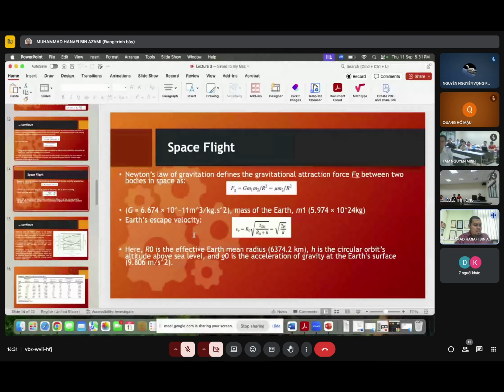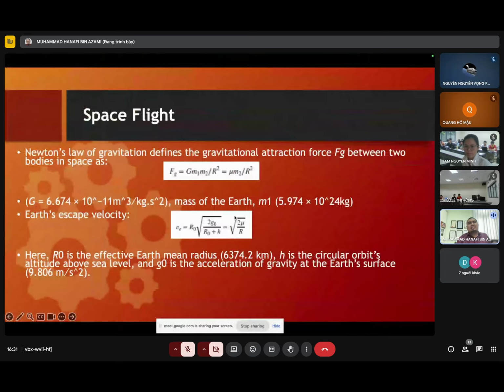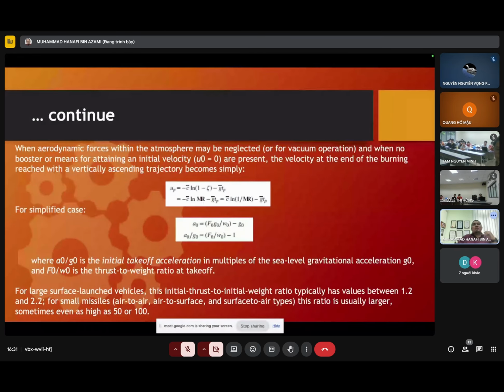Like I said, in this chapter, as compared to the previous chapter, what you must do is first identify the mission that you want to go on.